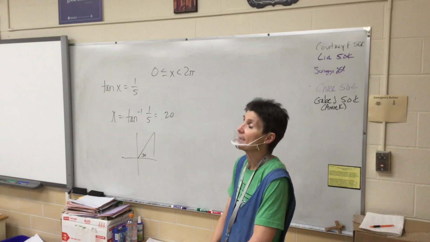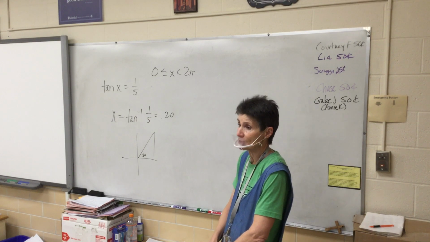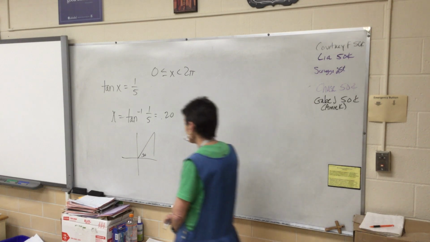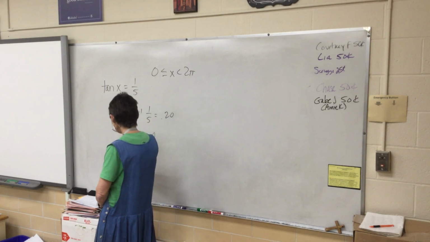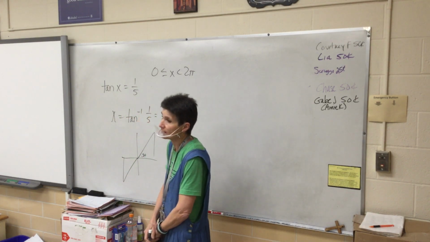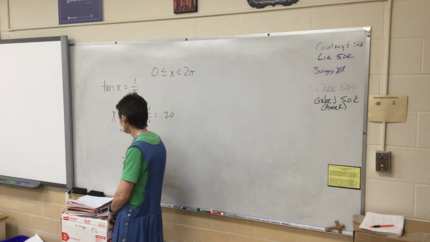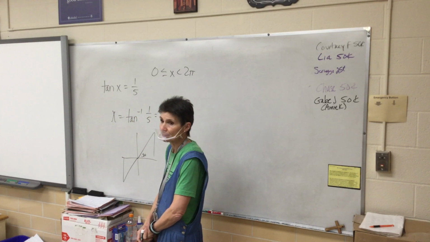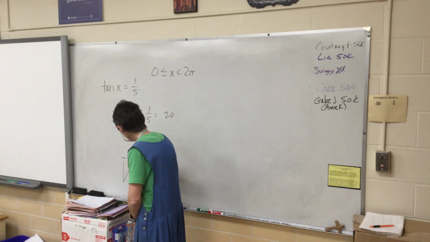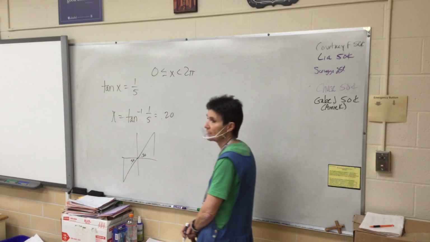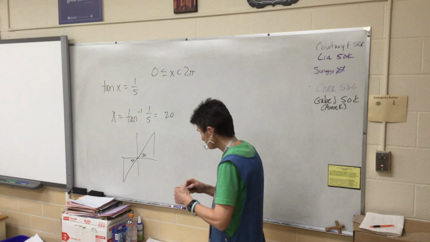Where else is tangent positive? Yes, Josh, it's positive in quadrant 3. Why is tangent positive in quadrant 3? Because opposite and adjacent are both negative. So I have my 0.20 angle also in quadrant 3.